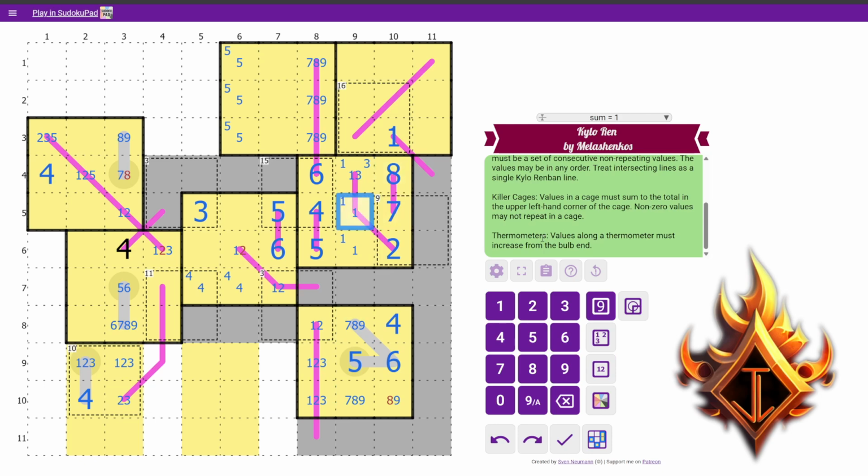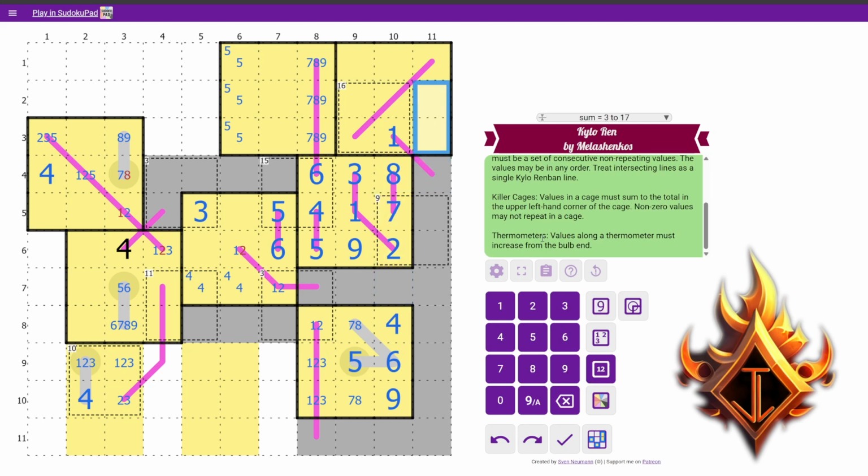Now this must be, because it can't go up to 4. So it must be including 1 and 3. And now this will be 9. So, well, this one.